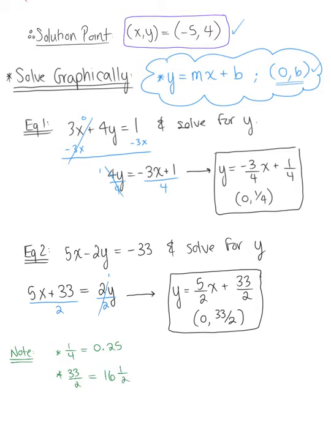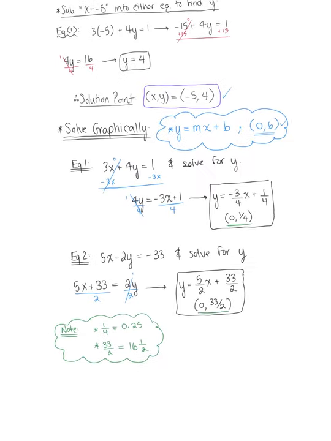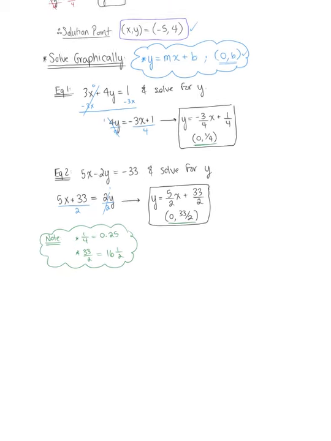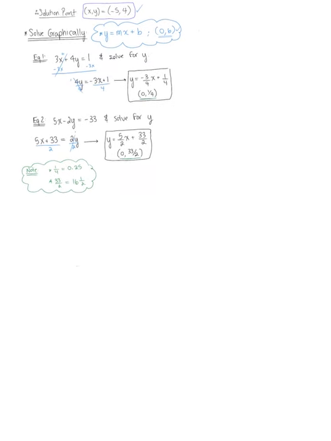So we have 16.5. We want to always plot with the exact ordered pairs that we found, but thinking about decimal approximations or mixed numbers can be helpful in establishing our scale. So since we have such a large y value for one of our intercepts, we need plenty of room.